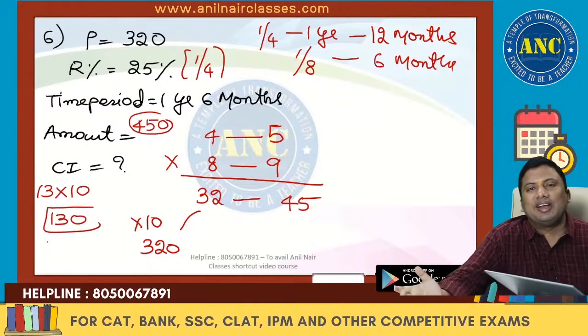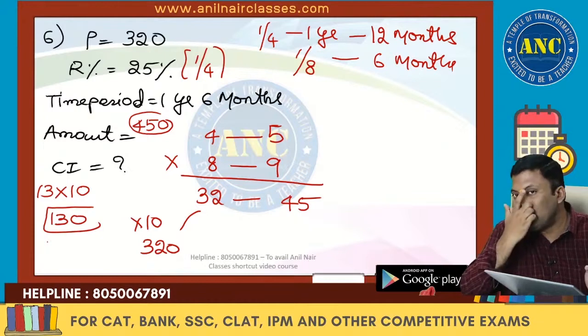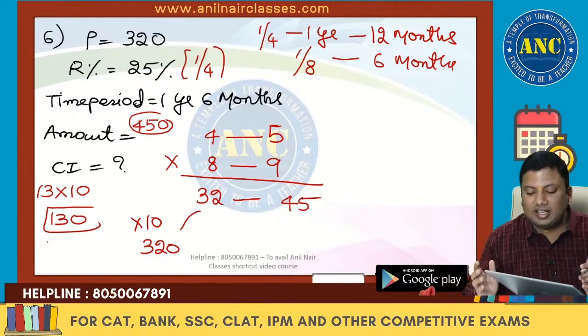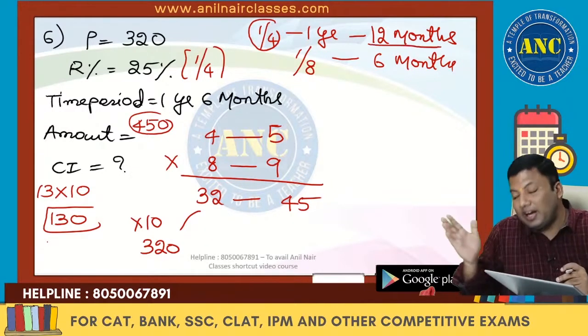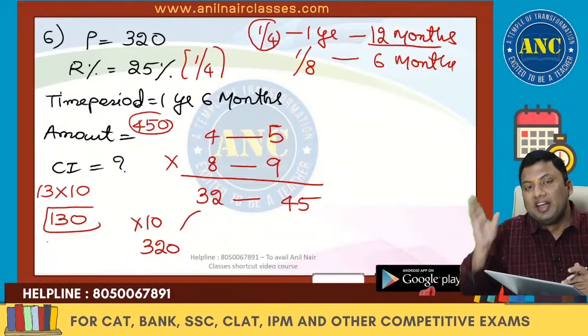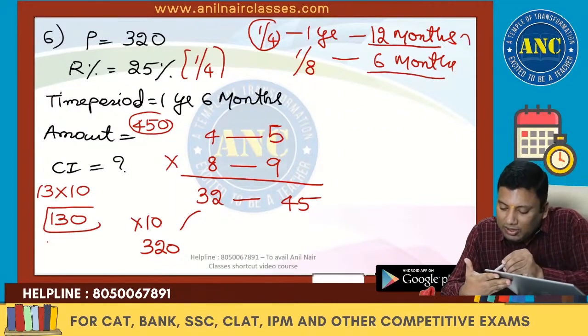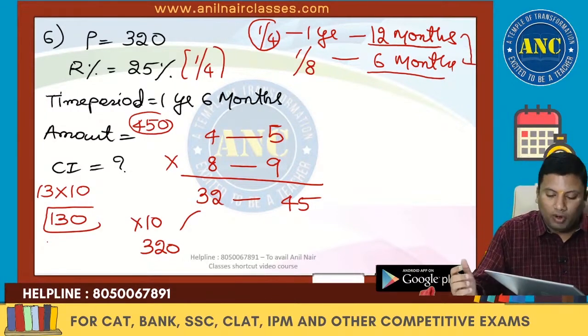Such an easy question if you know the concept. If some rate is given for the total second year, I will write that rate, but only 6 months is given. 1 by 4 is for 12 months, and the same rate is continuing for the next year. Next year, instead of 12 months, I need to take 6 months. 6 months is half of 12 months, so half of 1 by 4 is 1 by 8.